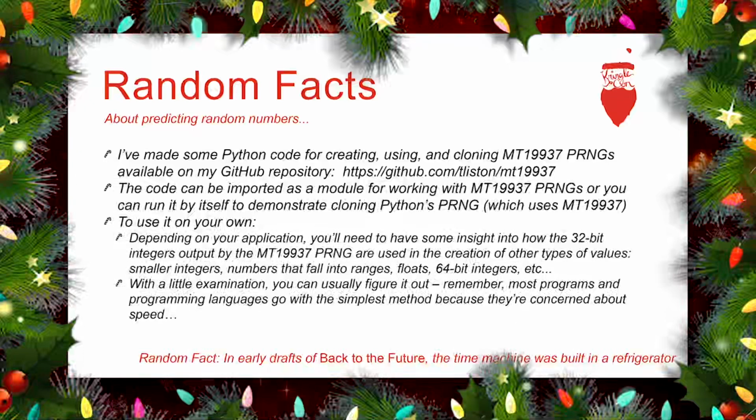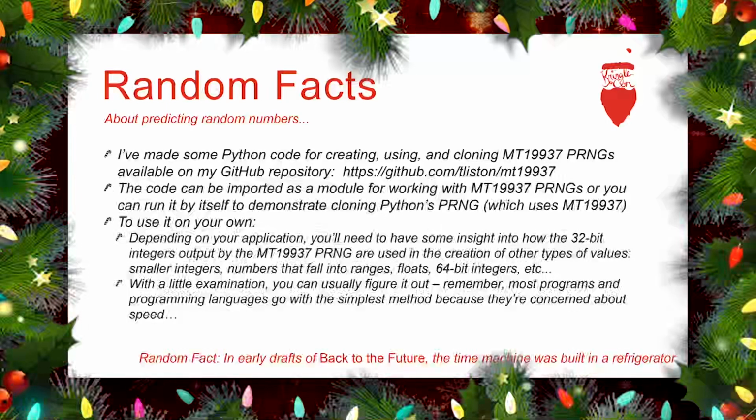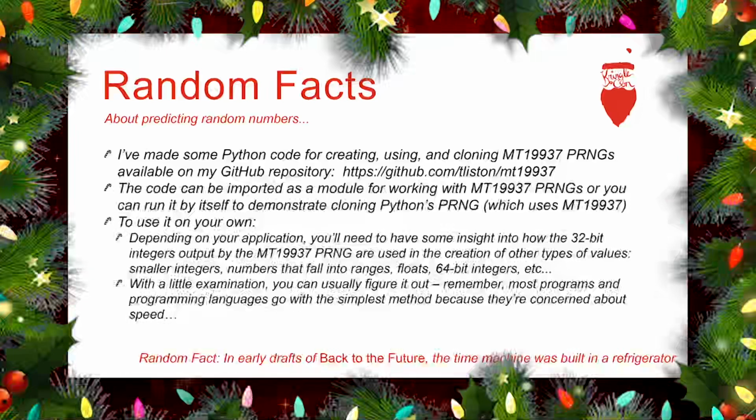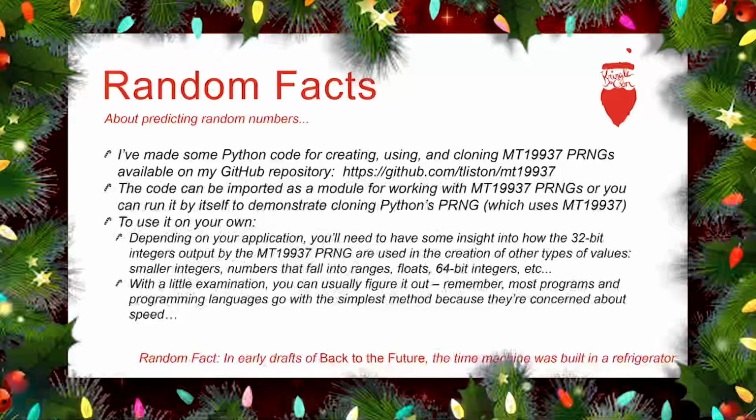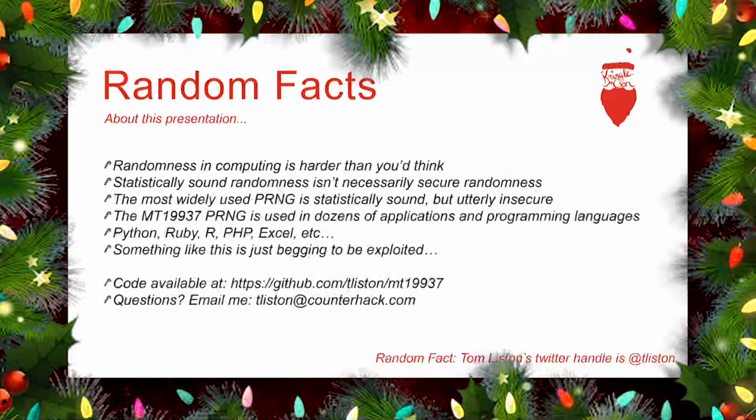And so they're going to use potentially the simplest method possible to take, for example, 32-bit integers and make a 64-bit integer, or take a 32-bit integer and turn it into a floating point number. So given that kind of background method of thinking, they're going to be doing something as quickly as possible. You can usually figure out what it is that they're doing.